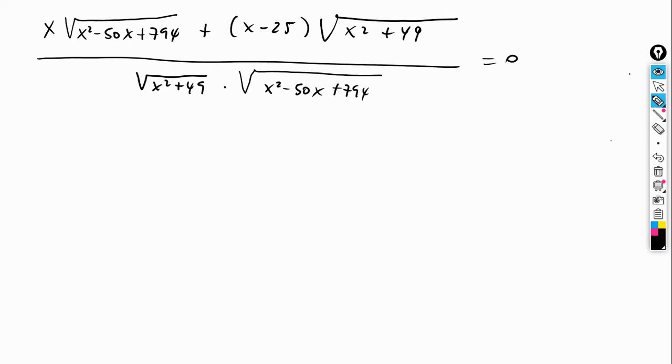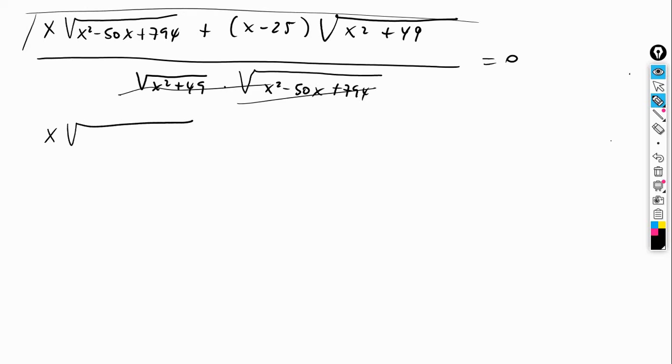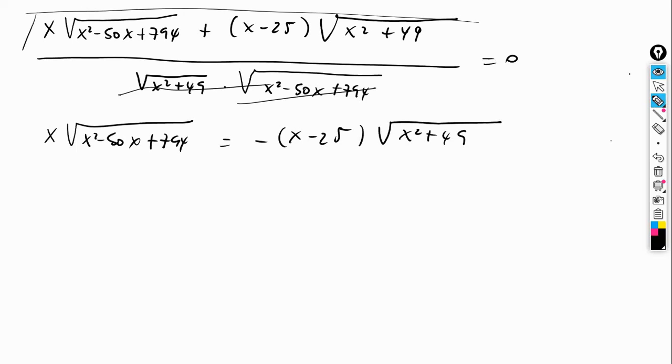Okay, so here we are in the next slide, and I have already written down the derivative and equaled it to 0. So I said before that this doesn't really matter, right? Because we only have to solve for this part. So notice that we can rearrange this and rewrite it as x times the square root of x squared minus 50x plus 794 is equal to negative x minus 25 times the square root of x squared plus 49.